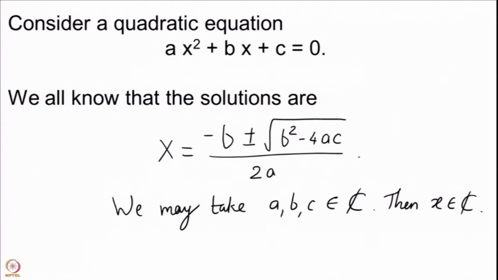You may take a, b, c coming from integers, rationals or even reals, but that does not guarantee that the solutions will always be in those particular sets. However, we know that whenever a, b, c are taken from complex numbers, then the solutions can always be found in complex numbers. If you wanted to do this for the sets Zn, then what should we do?